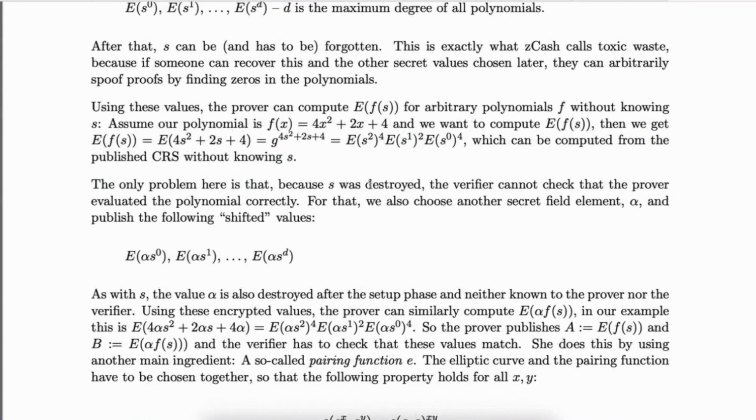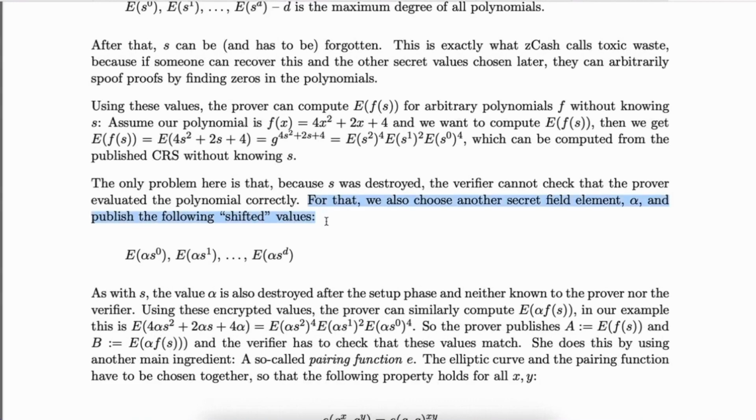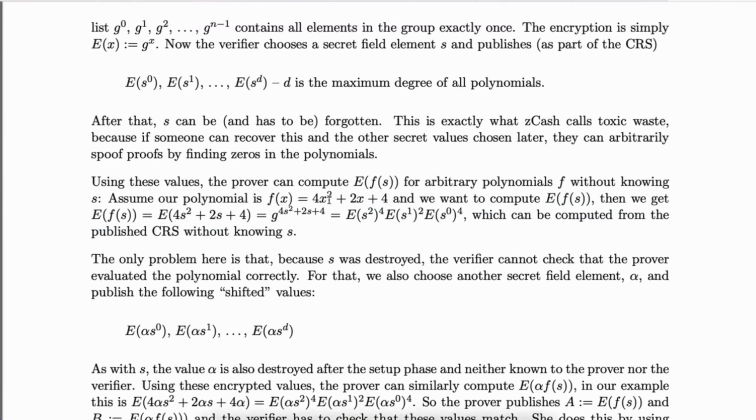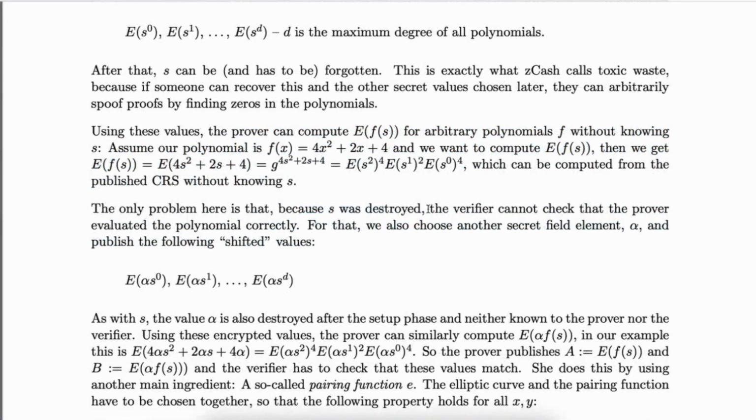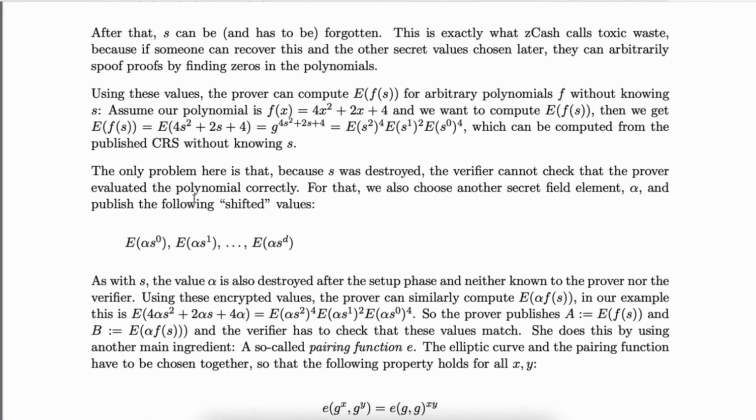So this is a proof. To check, well, this is almost like the trusted setup ceremony. This is using the things from the trusted setup ceremony. I see. Into the proof. Right? I see. This is the proof generation, and now is the verification. So because S is destroyed, the verifier cannot check that the prover evaluated the polynomial correctly. For that, we choose another secret field element, alpha, and publish the following shifted values.